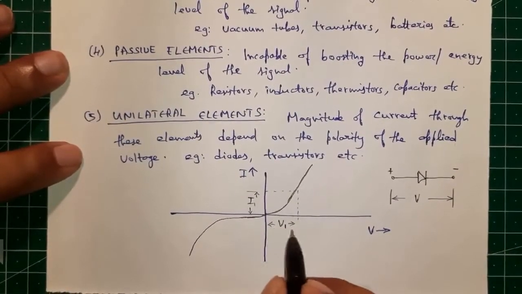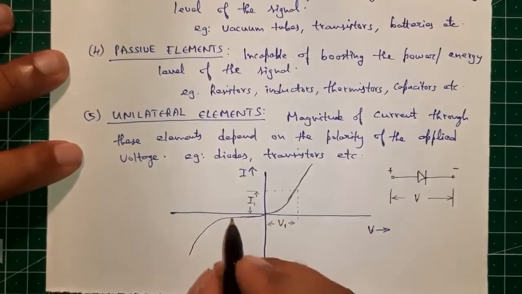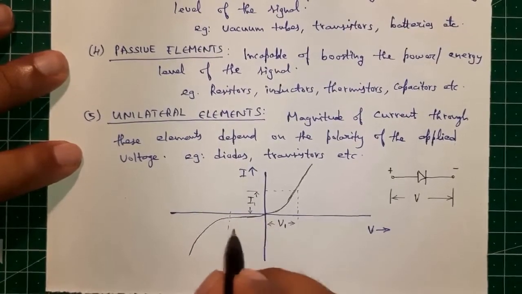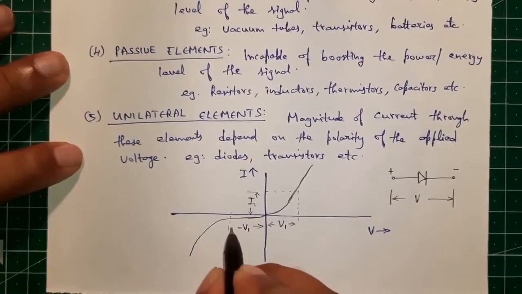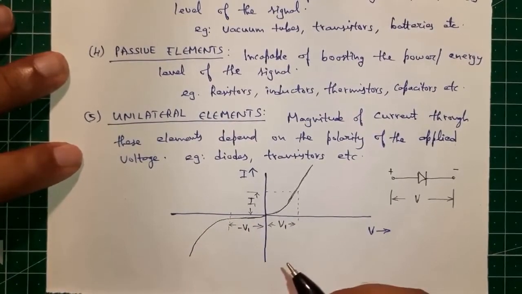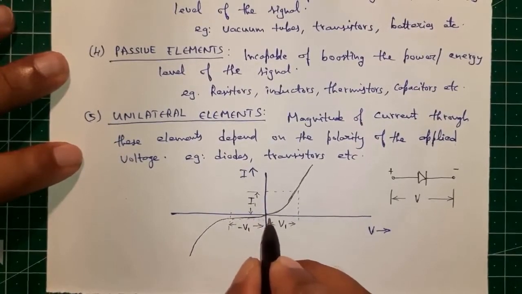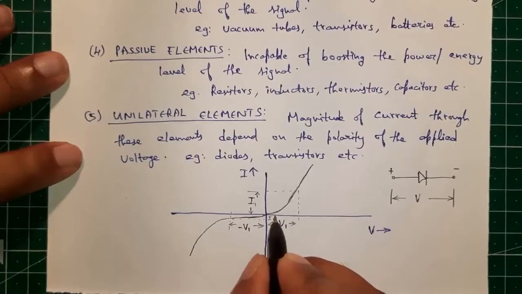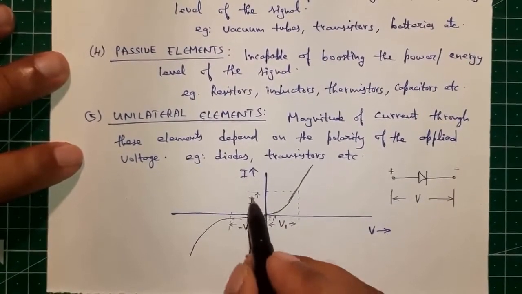So the same voltage V1 applied in the negative direction, so voltage is minus V1. What current are we getting? The magnitude of the current we are getting is this much. It's a different current, so I1 dash. So the magnitude of this current is different from the magnitude of the earlier current.